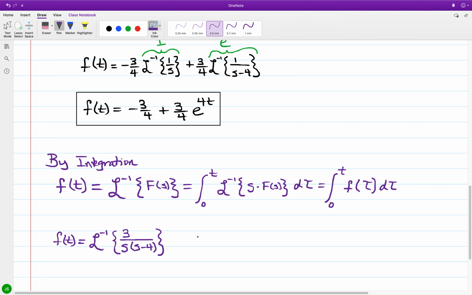Taking what we have here, we go from 0 to t of the inverse Laplace transform of s times 3 over s times the quantity s minus 4, d tau.